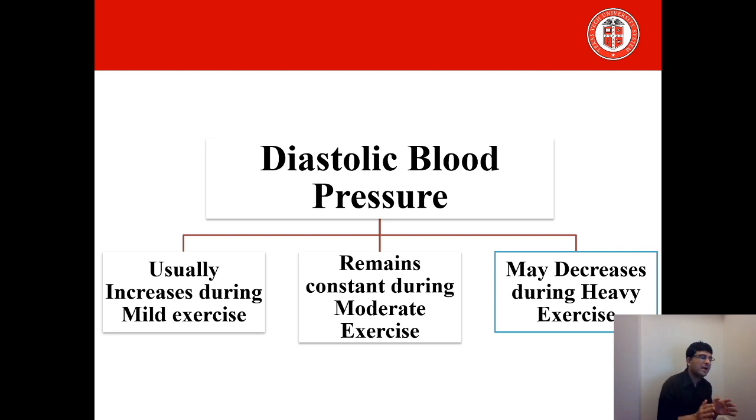If we look at very heavy intensity exercise, when the heart rate crosses, let's say, 140, 150 beats per minute, a lot of heat is produced in the body. And once there is a lot of heat, the body tries to dissipate it.